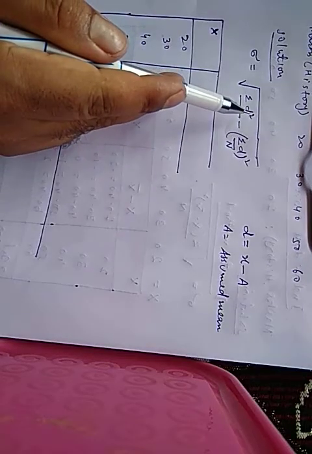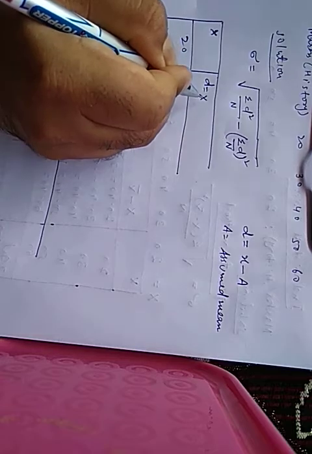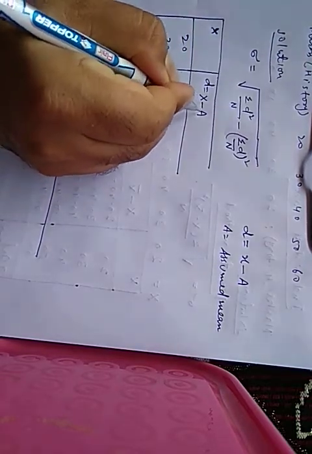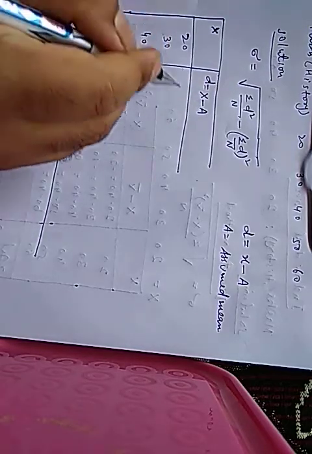Now in the next column we will get the values of deviations, which is equal to the values of variable x minus the value of assumed mean.